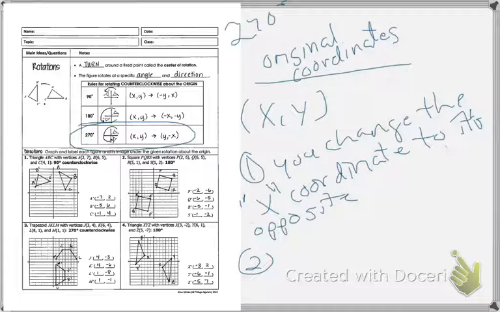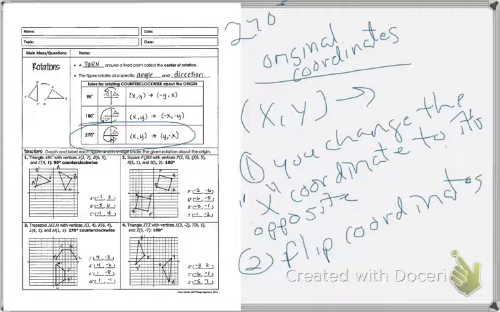And the last thing, flip coordinates. So, first step, you make the x negative. Last step, flip. Again, I say change to its opposite simply because that x could be a negative, so you'd have to do the opposite of a negative.